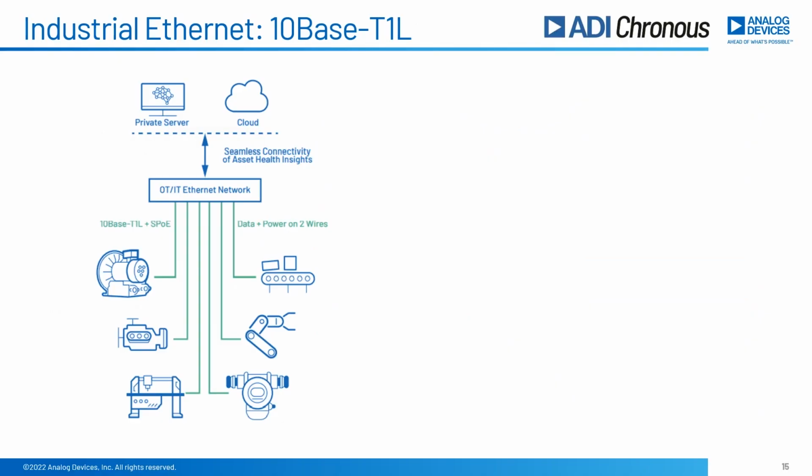So recently at IEEE, a new industrial Ethernet physical layer called 10BASE-T1L was ratified, and we're showcasing how 10BASE-T1L can be used for condition monitoring applications to monitor large amounts of assets, provide a means of aggregating large amounts of condition monitoring data, and make that data more seamlessly accessible.